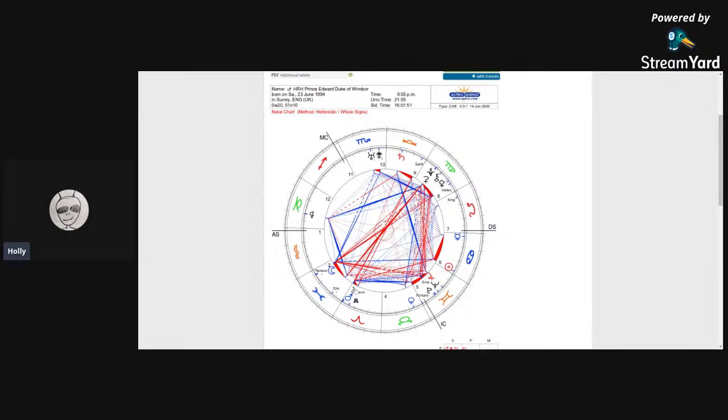And here it is in his third house, which could mean that at some point he could be argumentative, because the third house is a lot about communication and siblings, so there could be some difficulty with his siblings.